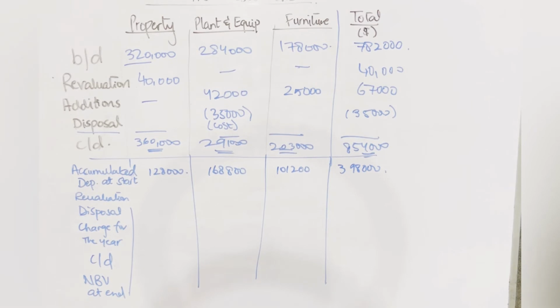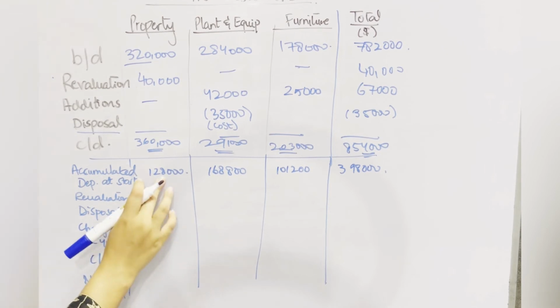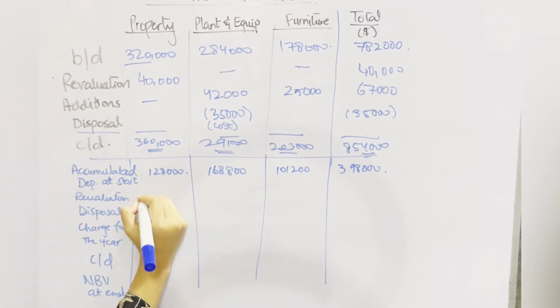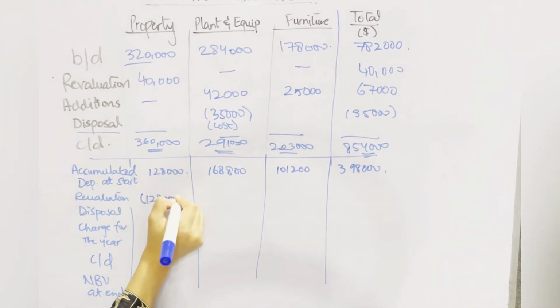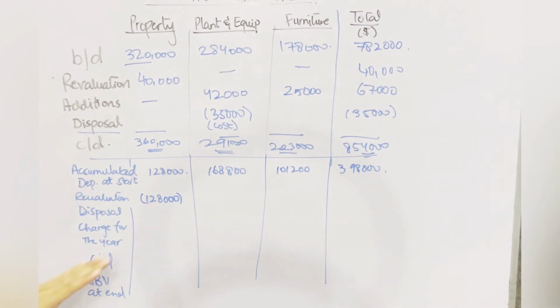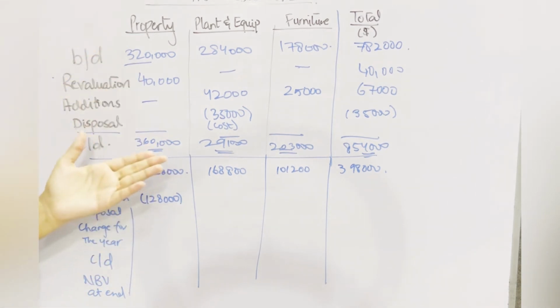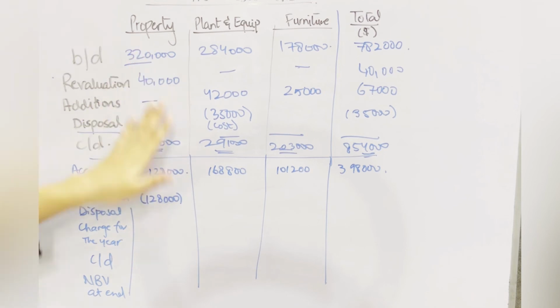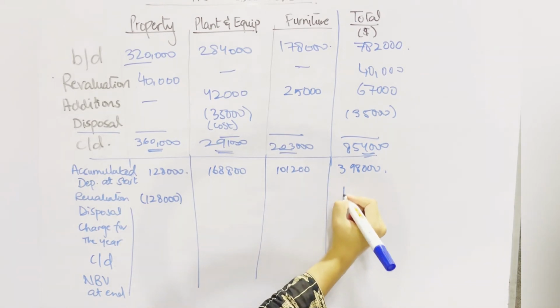Next is the revaluation. As I already told you in the beginning, the format says the revaluation amount is supposed to be deducted in the accumulated section, because now you're going to write off. So you'll write off the depreciation here. So 128,000 will be written off, because the asset has been revalued to 360,000. So we write off the depreciation because it has been revalued, and that is how you're supposed to write it here as well.